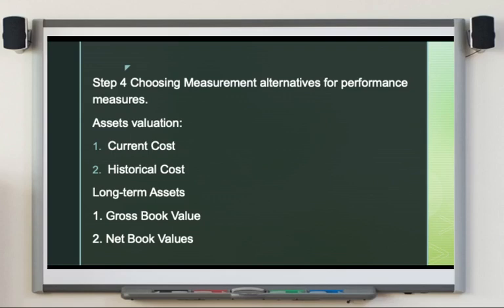However, there are some drawbacks in using current cost because some of the assets that need to be converted to their current cost are difficult to estimate, simply because it will require some technological advances to determine the correct current cost as compared to the historical cost.